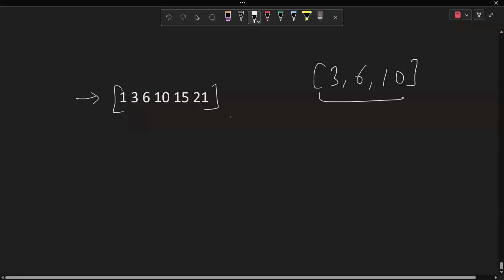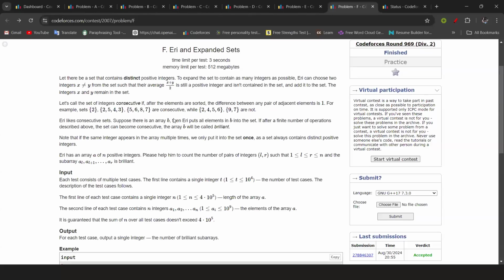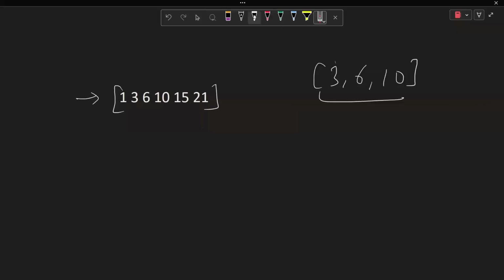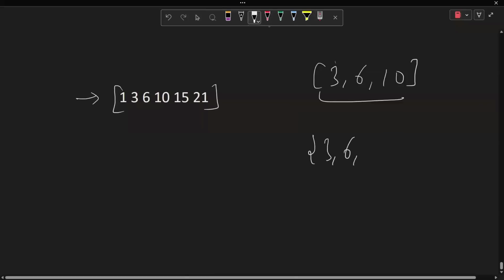This would be called brilliant if you can perform an operation this way. You first need to put all the elements of the array into a set, and then you can perform an operation from this set. So if you put these elements into a set 3, 6, 10, then you can pick any two elements of this set, take the average of the two.